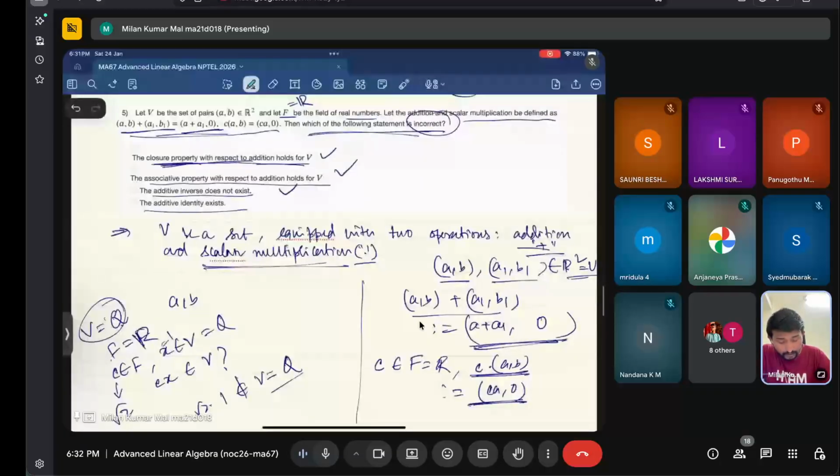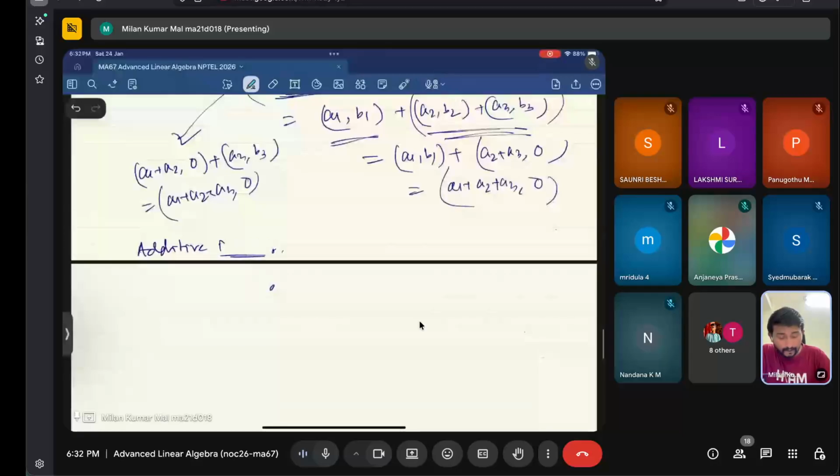So first, let's see what the additive identity is. Additive identity is a unique element (c, d) belonging to V such that for any (a, b) belonging to V, (a, b) plus (c, d) should be again (a, b), and it equals (c, d) plus (a, b).